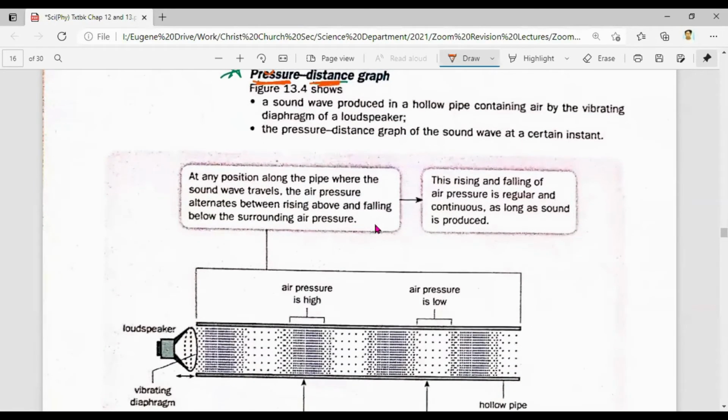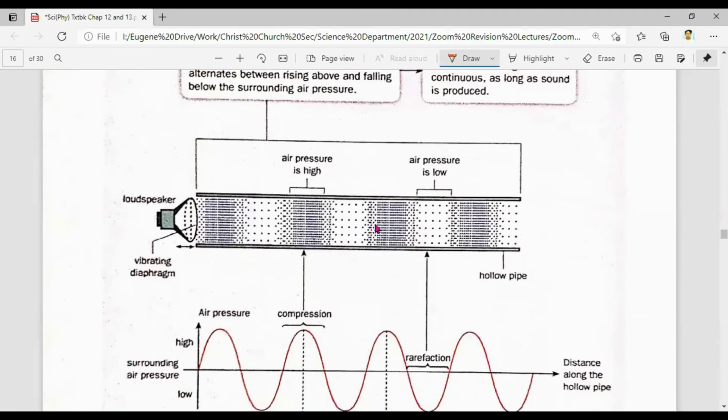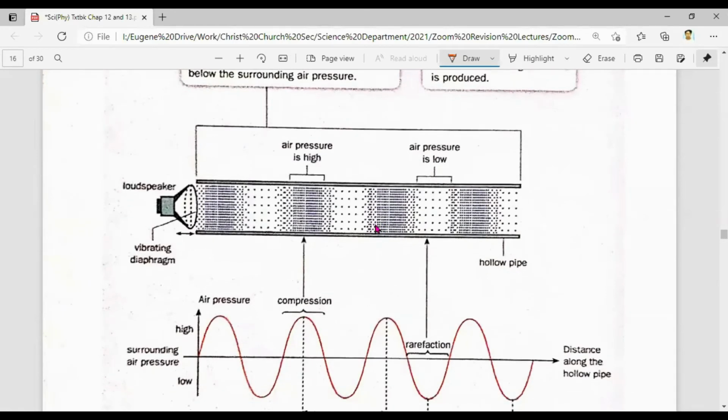So this is a sound wave being generated. How does the pressure-distance graph look? This is the start point, and this is the end point. The further away, this part corresponds with this part, and this part corresponds with this part.